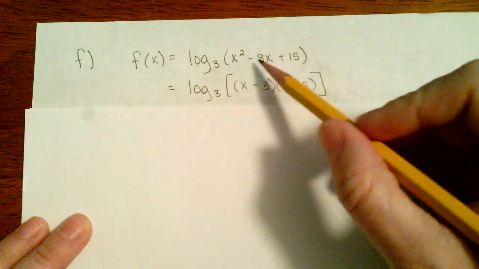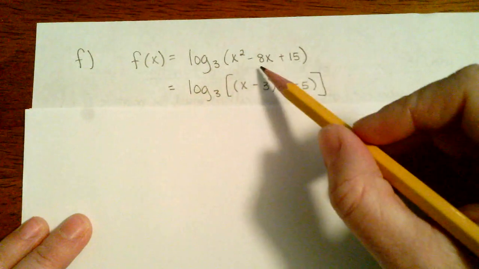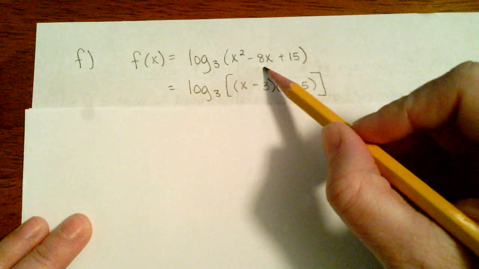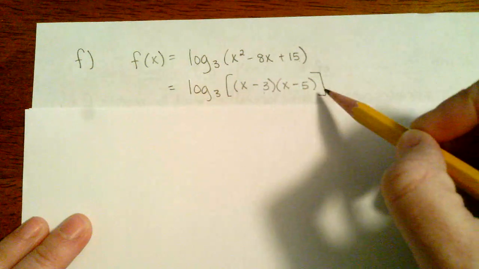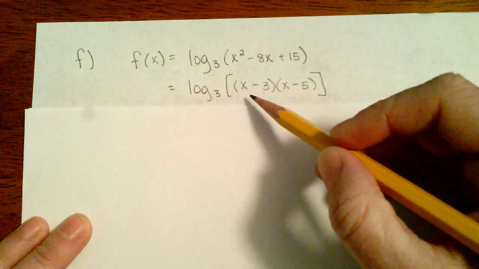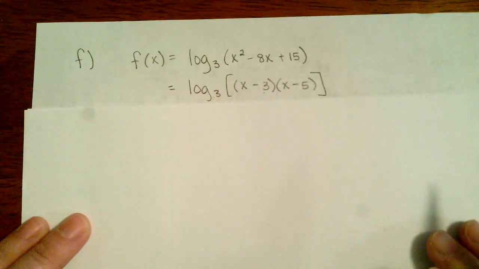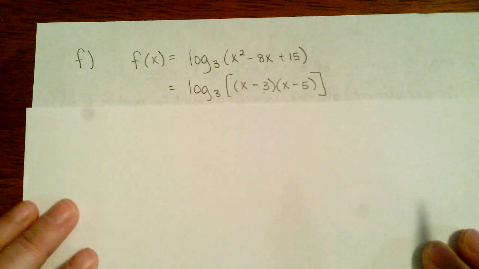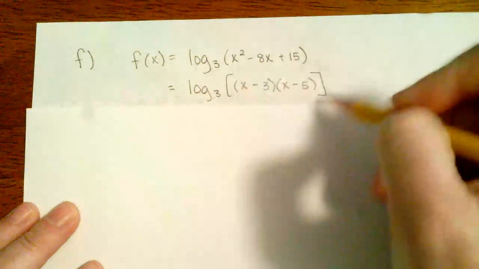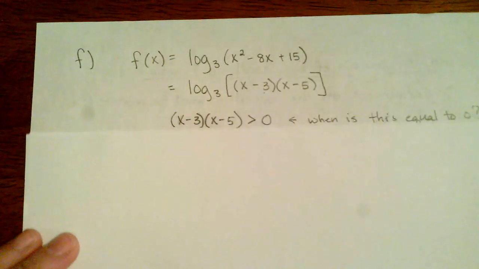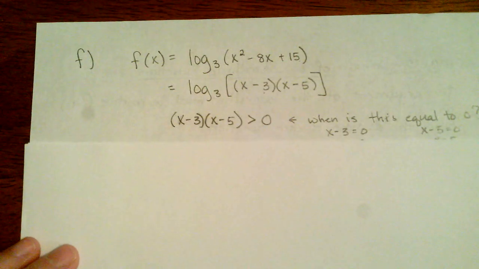I'm looking for two numbers that multiply to 15 and add to negative 8. I got my two numbers as negative 3 and negative 5. So I was able to factor this to x minus 3 times x minus 5. So our argument, our input, needs to be greater than 0.